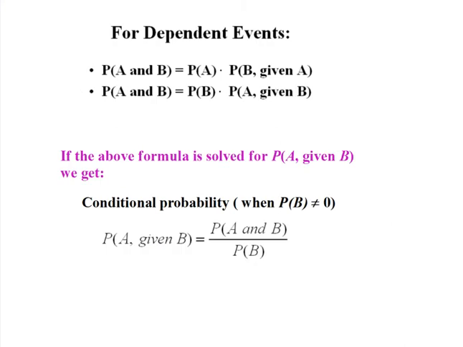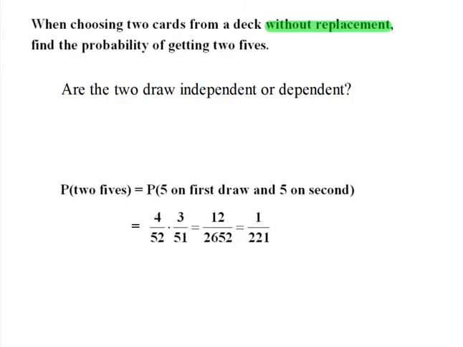So here we go. Dependent events, you're still going to multiply the probabilities. You're just dealing with a conditional probability piece in that. When choosing 2 cards without replacement, I'm going to find the probability of getting 2 fives. Are these two independent or dependent?